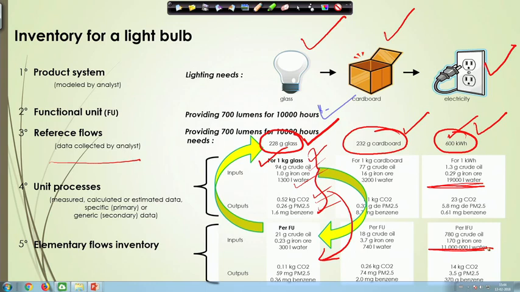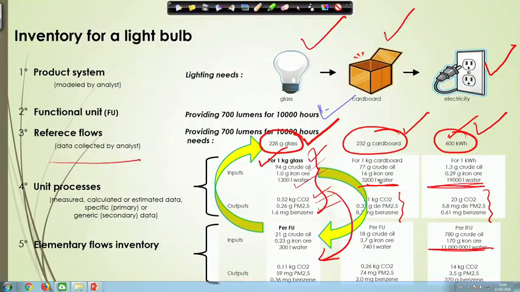That is why it has a bigger environmental footprint. For 1 kg of cardboard, 3,200 liters of water, and of course, you have the other emissions. These are not the complete list, just a snapshot. If you start putting this data together in an Excel spreadsheet, it will get bigger and bigger and bigger.